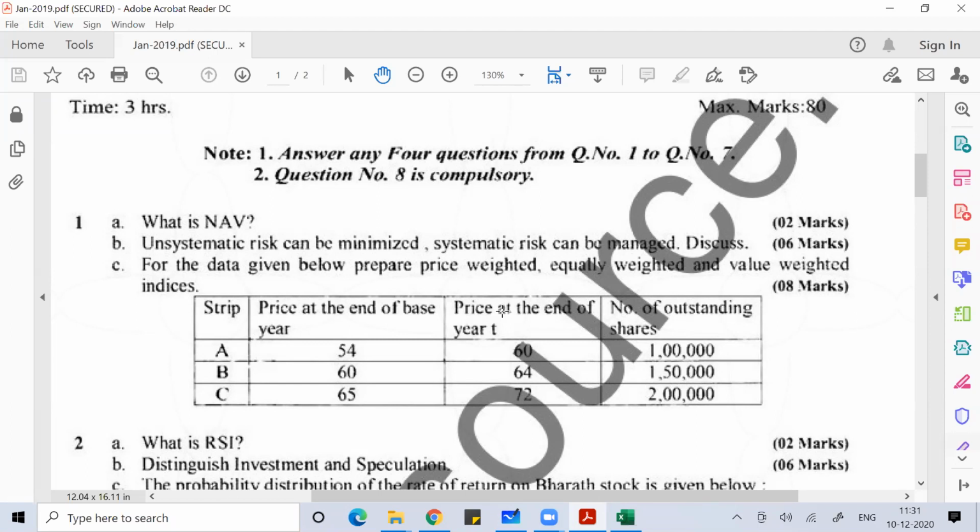We need to prepare the index as a price weighted index, an equally weighted index and a value weighted index. So three things we have to do for the data on the screen, question number one, part C. Three stocks are given to us with their prices: price at the end of the base year, price at the end of year T, and number of outstanding shares.